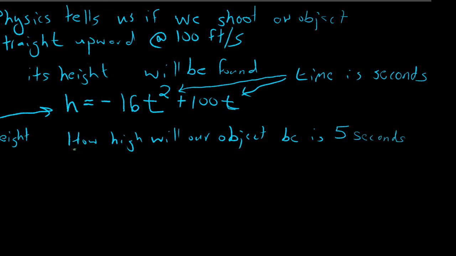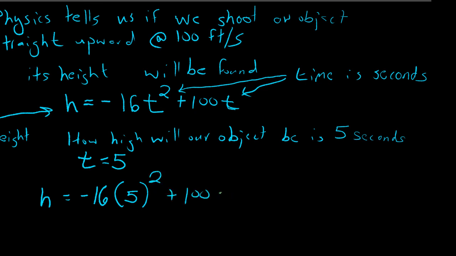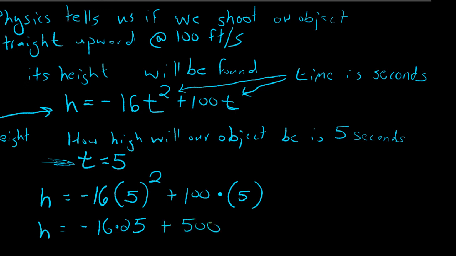Seconds is time, so I can say t equals 5, and so my height is going to be -16 times 5 squared plus 100 times 5. So I'm taking this value I have for t, and I'm substituting it. So h will be negative 16 times 25 plus 500.